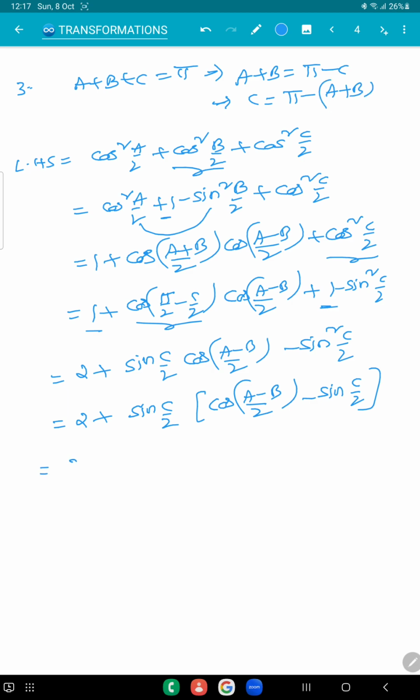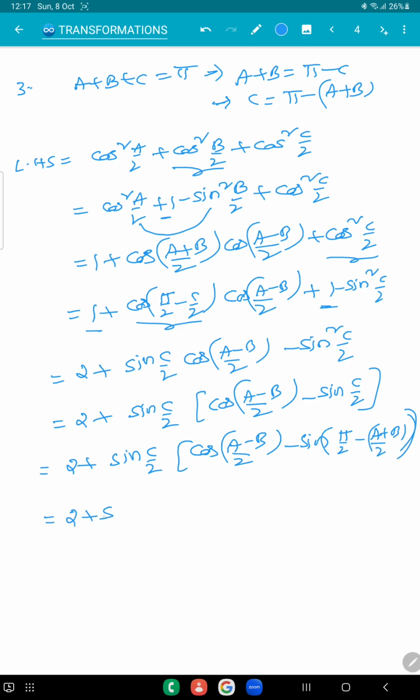So c by 2 means 2 plus sin c by 2 times cos of (a minus b) by 2 minus sin of c by 2, which means pi by 2 minus (a plus b) by 2. So that is equal to 2 plus sin c by 2 times cos (a minus b) by 2 minus sin (pi by 2 minus theta), which is cos theta, cos (a plus b) by 2.